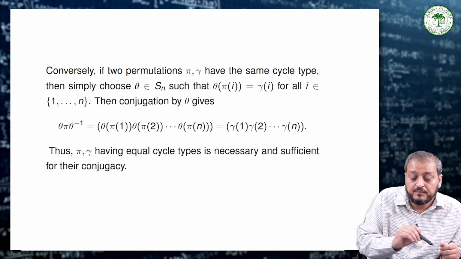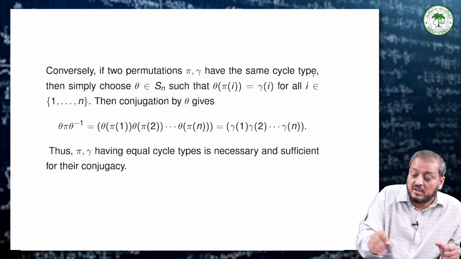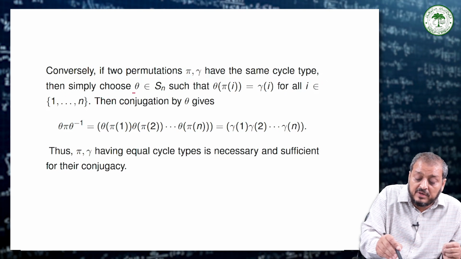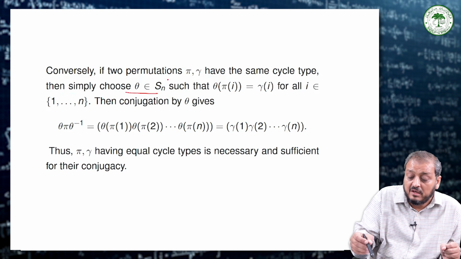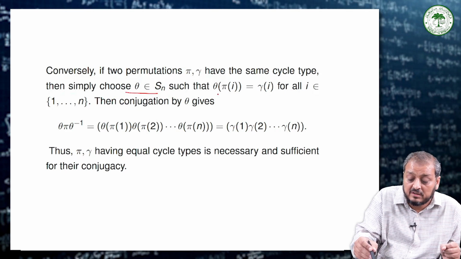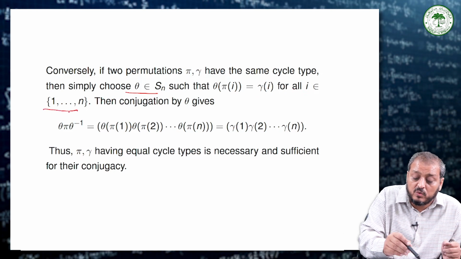Conversely, if two permutations pi and gamma have the same cycle type, then simply choose a theta belonging to Sn such that theta of pi of i is equal to gamma of i for all i from 1 to n.